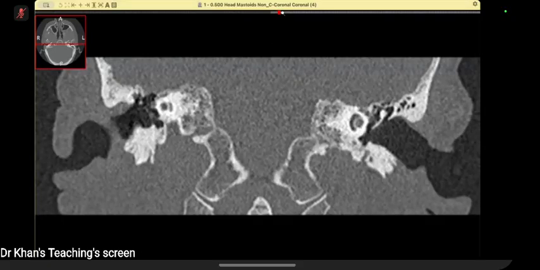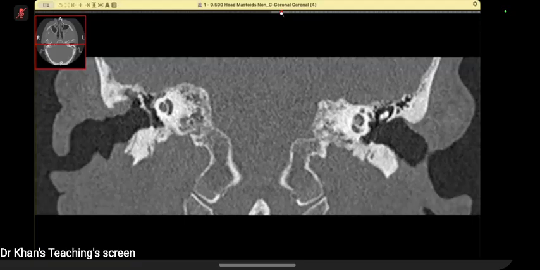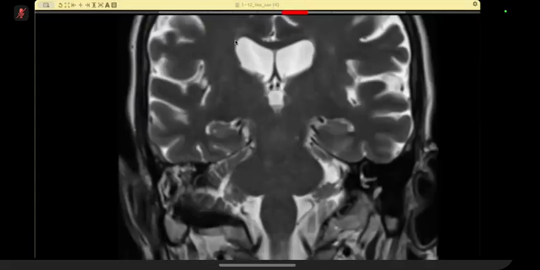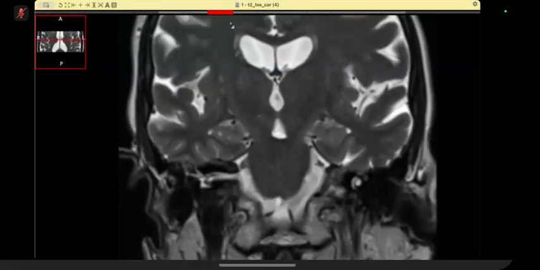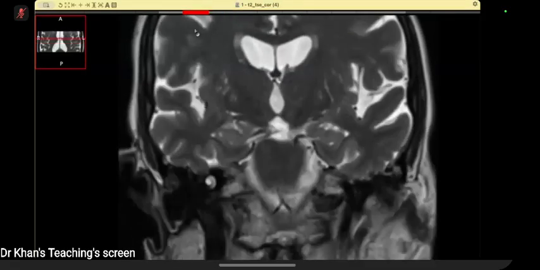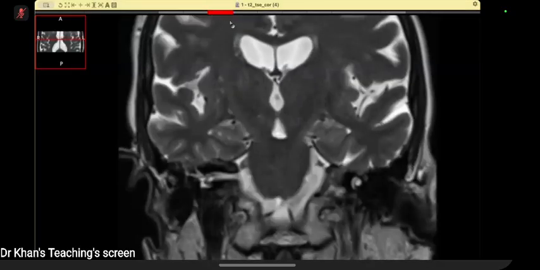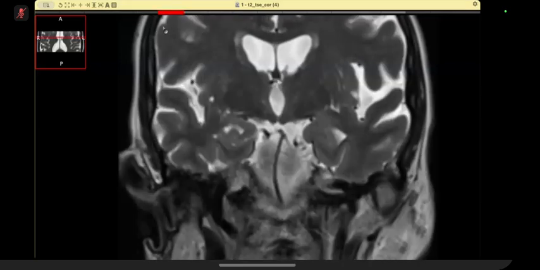How can you confirm that there is a recurrent cholesteatoma? MR, we can do MR for this patient. Okay, this is T2 coronal, and I can again see some mastoidectomy changes here.